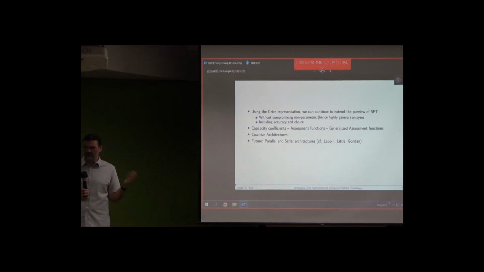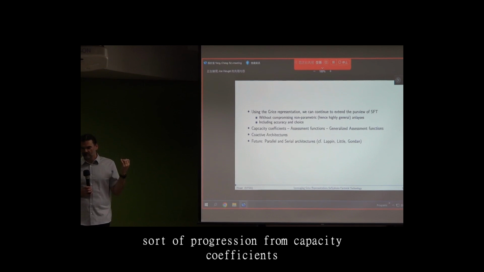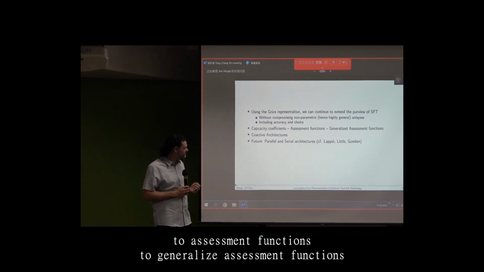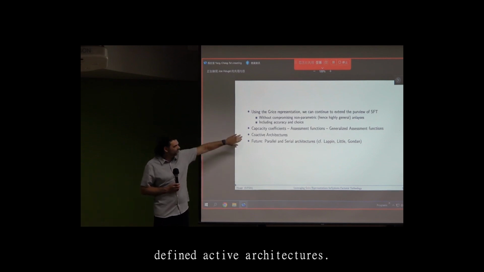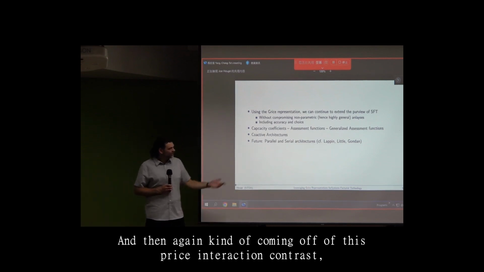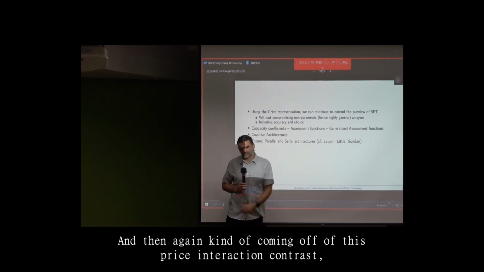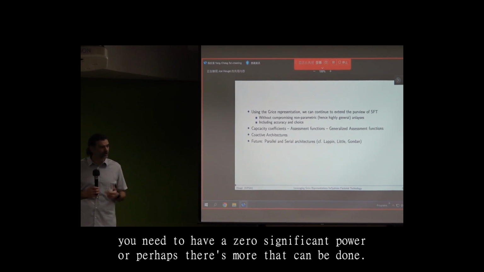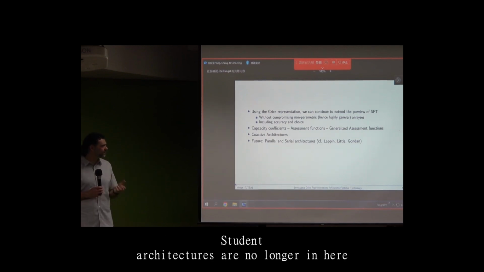So we've looked at this progression from capacity coefficients to assessment functions to these generalized assessment functions, to a deep dive on coactive architectures, and then again, coming off of this, the Grice interaction contrast seeming to have a zero signature for parallel, or perhaps there's more that can be done with parallel and serial architectures.